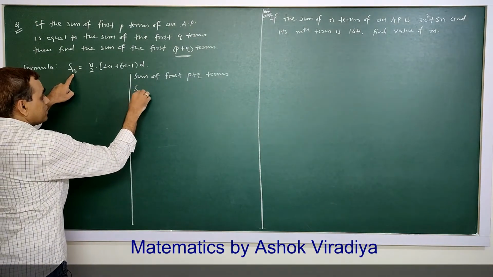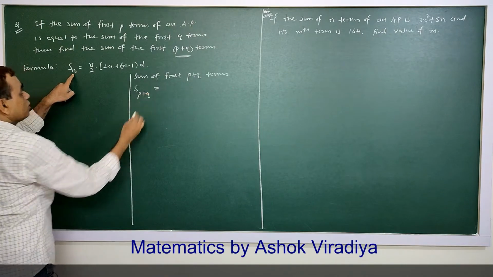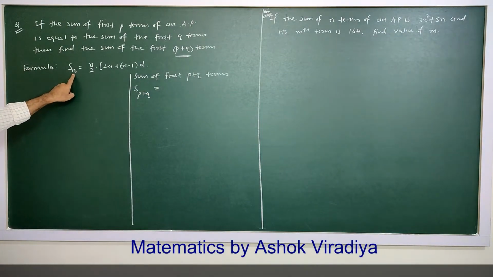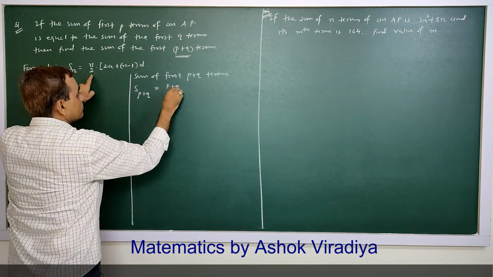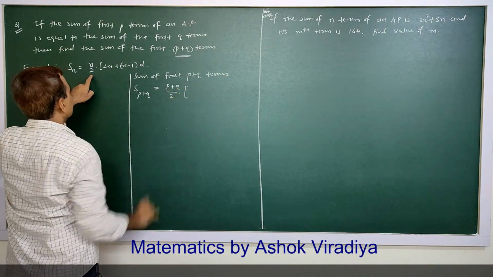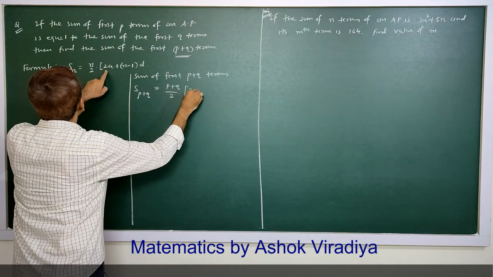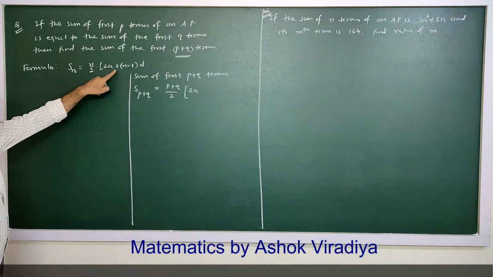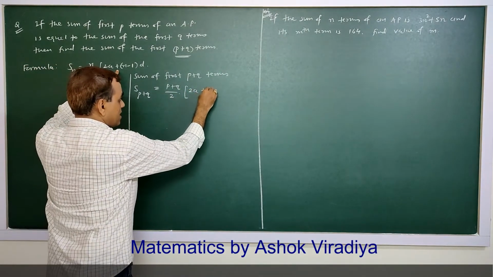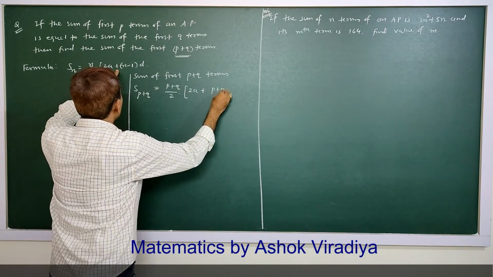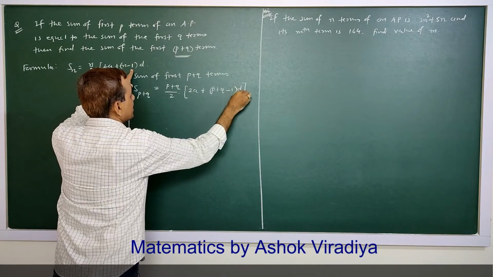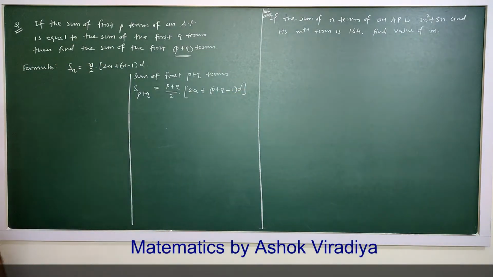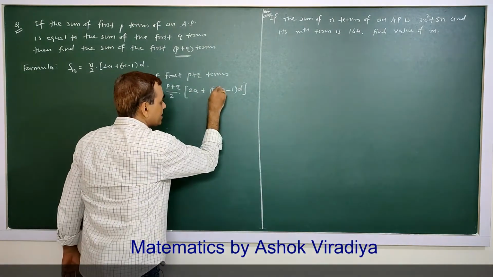So S p plus q is equal to n by 2, n is p plus q, into 2a plus n is p plus q minus 1 into d. So let me keep this as it is.